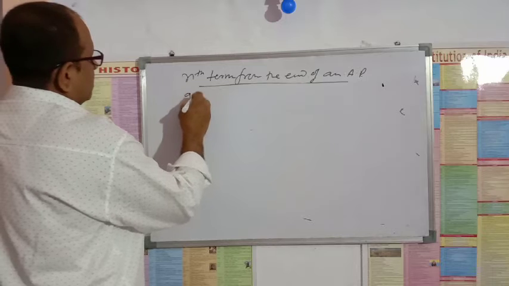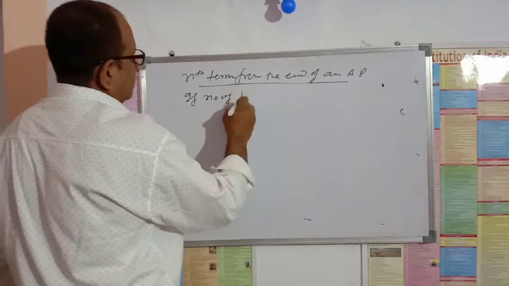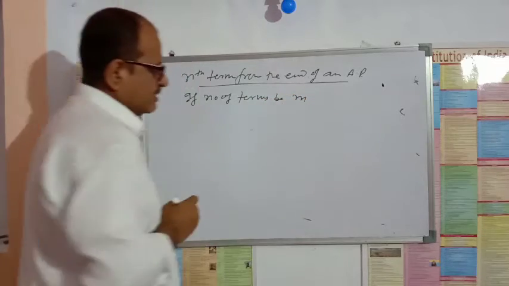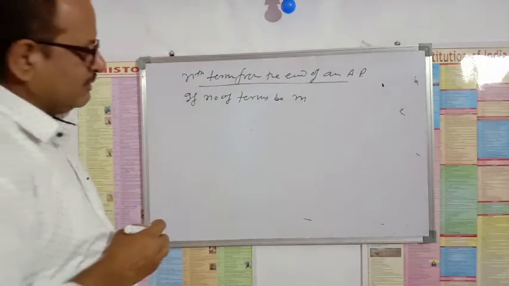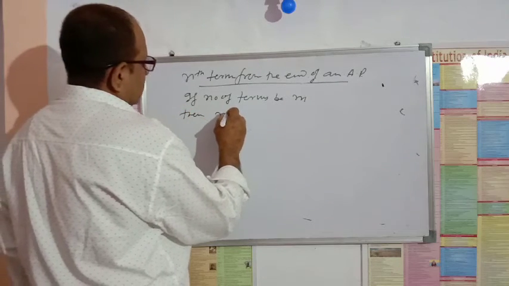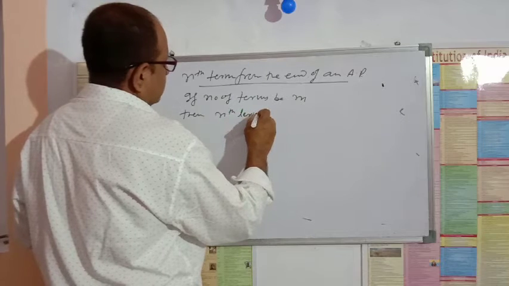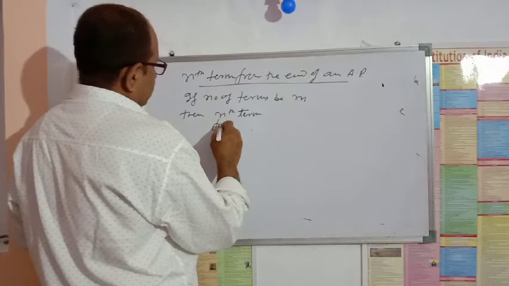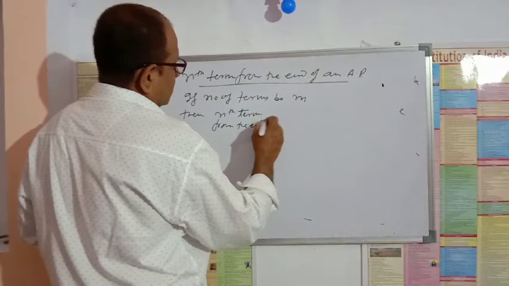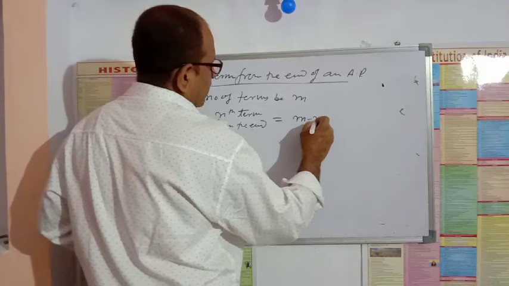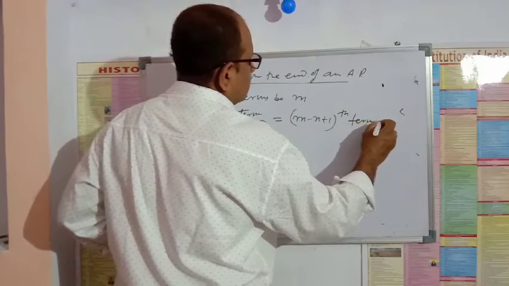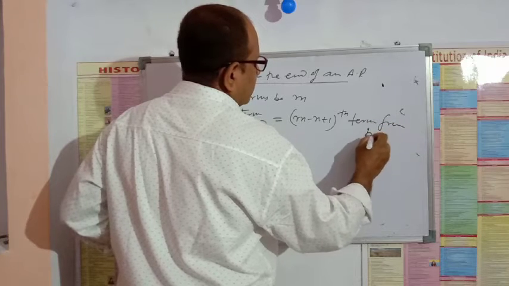One more formula is that if the total number of terms be m, then the nth term from the end is equal to the m minus n plus 1th term from the beginning.